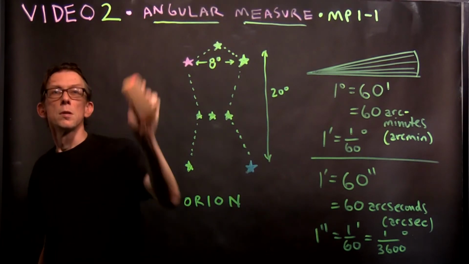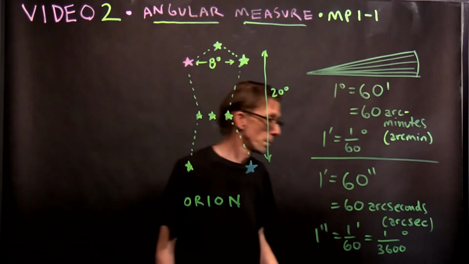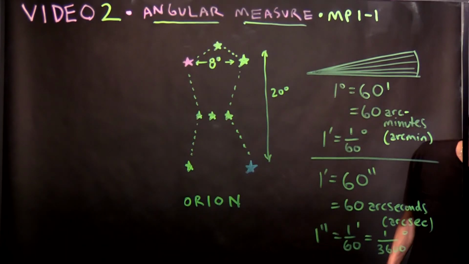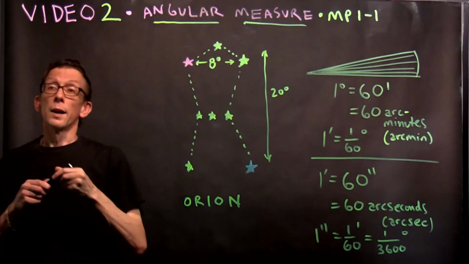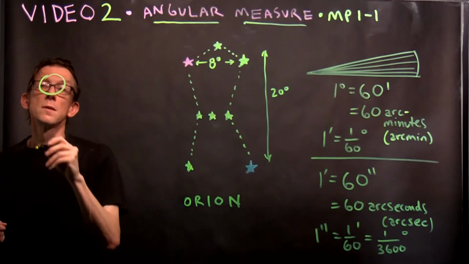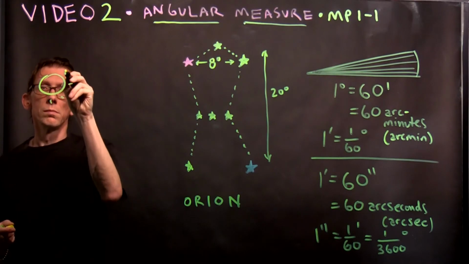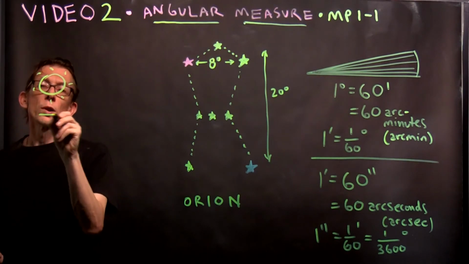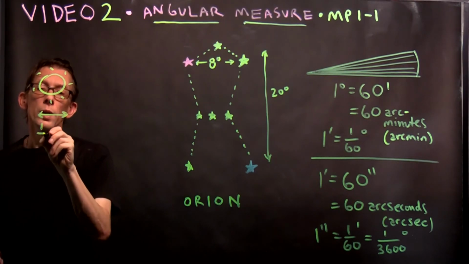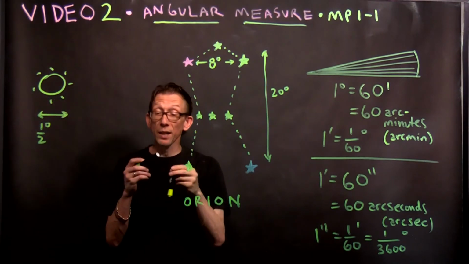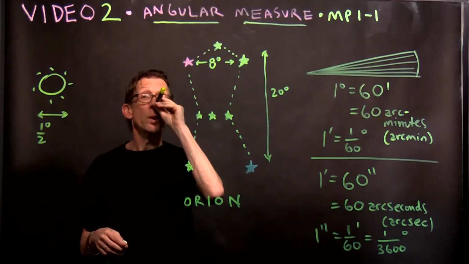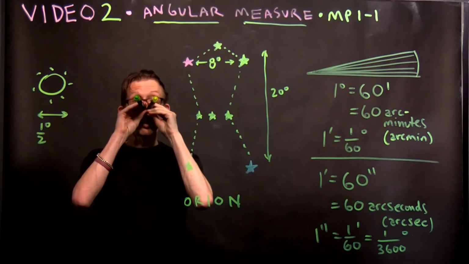So, to give you a sense of what, say, a degree looks like on the sky, the sun, okay, that's the sun. The diameter of the sun is about 1/2 degree. So if I go out with my sticks and play my stick game with the sun, I take one stick and point it toward one side of the sun, and my other stick toward the other side of the sun.